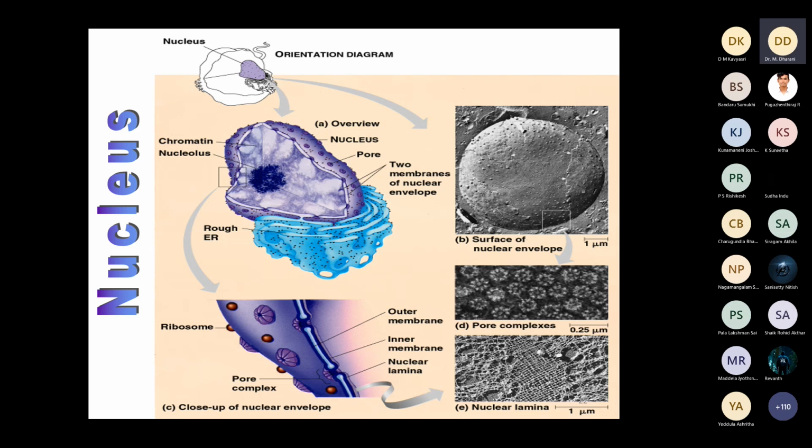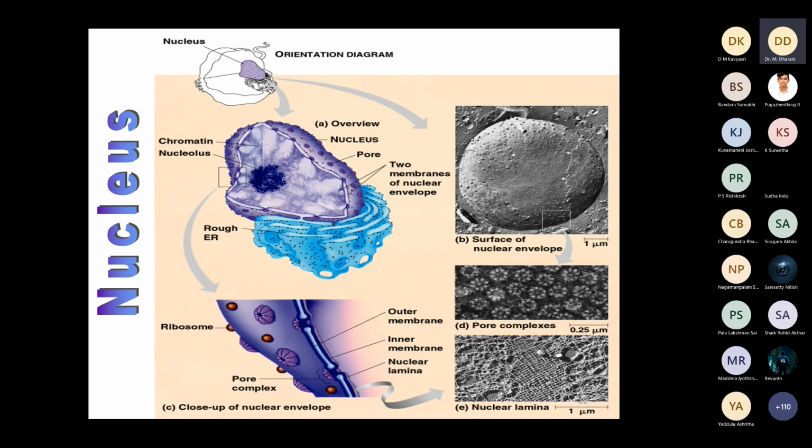And I have told you some ribosomes are synthesized inside the nucleus, and some ribosomes will be there on the surface of the nucleus also. That is what they have shown here. This is the outer membrane and actually there are two membranes, right? The inner membrane. Here they have introduced one more terminology called nuclear lamina.